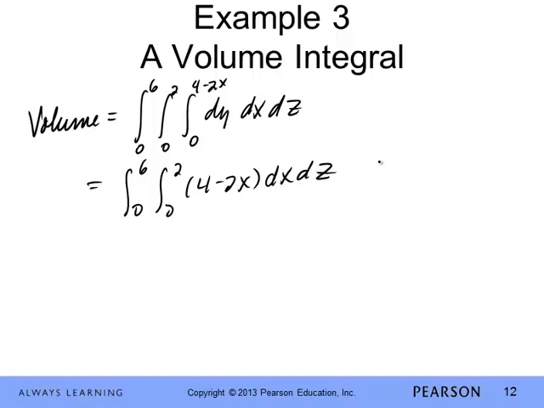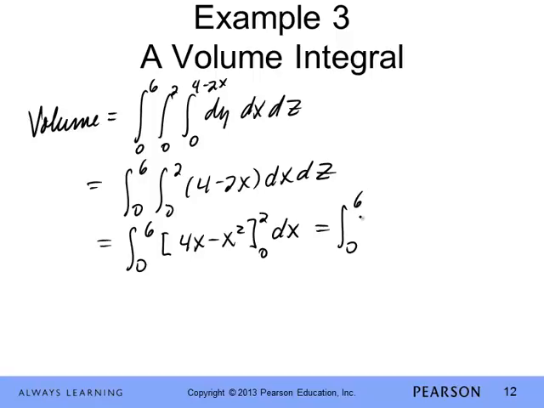Okay. And then integrate with respect to x next. And you're going to get what? 4x minus x squared, evaluated from 0 to 2. And plug in 2 for x, and you're going to have 8 minus 4, which is 4 dx.